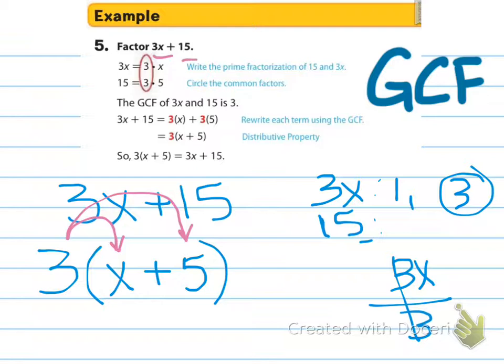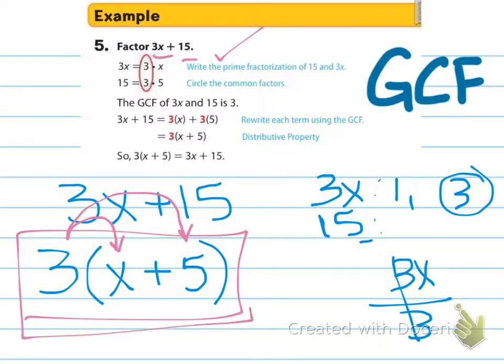It would still make 3x plus 15, and so I know that that is a good answer. So my final answer is 3 times, in parentheses, x plus 5. Because remember, I'm just finding the greatest common factor, and with 3x and 15, the greatest common factor that they both share is 3.